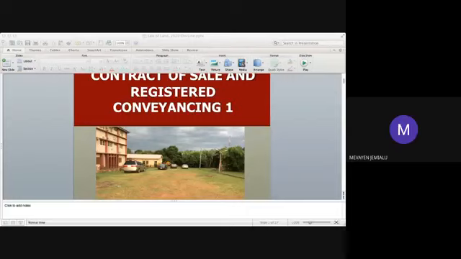Now, why do you think a purchaser should make pre-contract inquiry? In fact, what are pre-contract inquiries? This deals with preliminary gathering of information relating to the property under consideration by a purchaser or his solicitor.